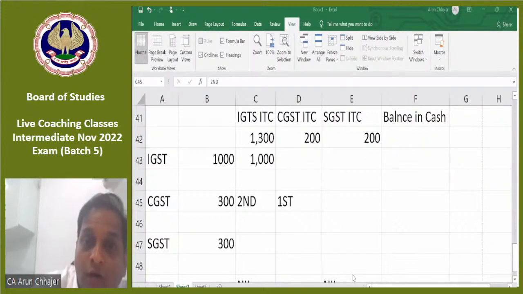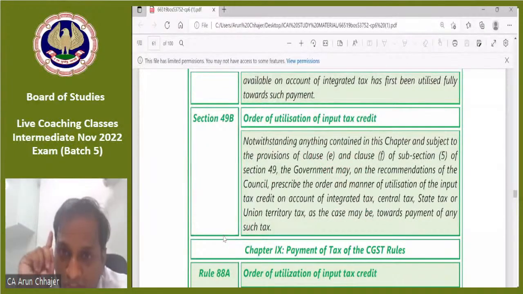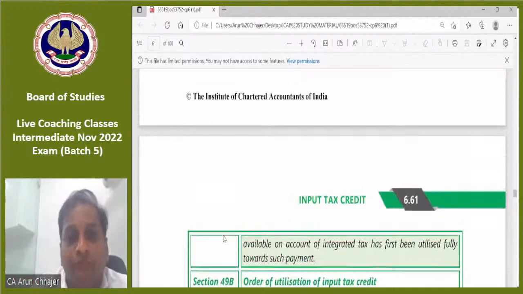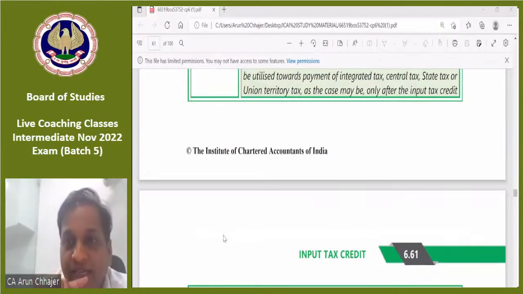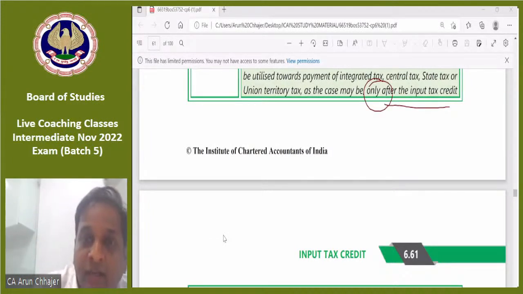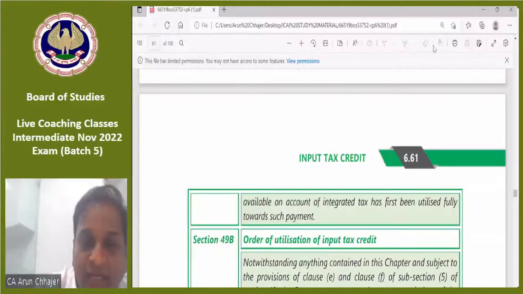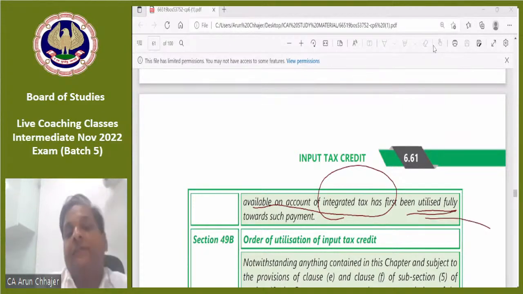Let me go again to the provision and read. Why am I reading again and again? So that it is crystal clear to all of you. It says that the amount of CGST, SGST ITC can be used only after the ITC on account of IGST is utilized fully.